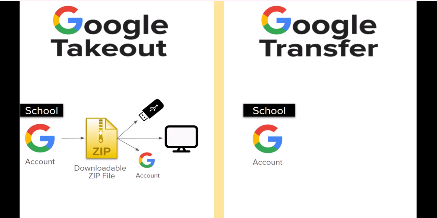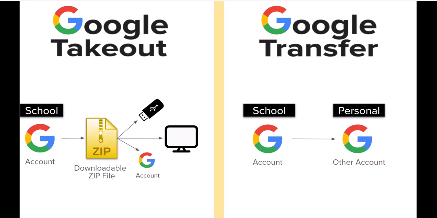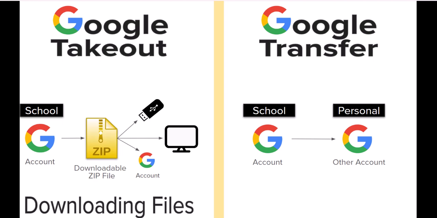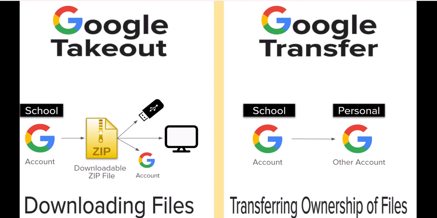Google Transfer, on the other hand, is a simple transfer of your Google files from a school Google account to a personal Gmail account. Now, you do have to have a Gmail account to do the Google Transfer, but it is quite easy to create a Google account, and it is free. So the difference is with Takeout you are downloading files, and with Google Transfer, you are transferring ownership of those files.